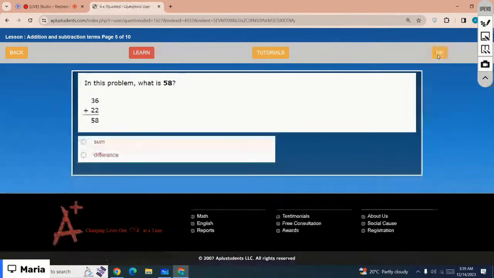Yes, when you are adding, that is sum. When you are subtracting, the answer is difference, right? So in this problem, what is 58?